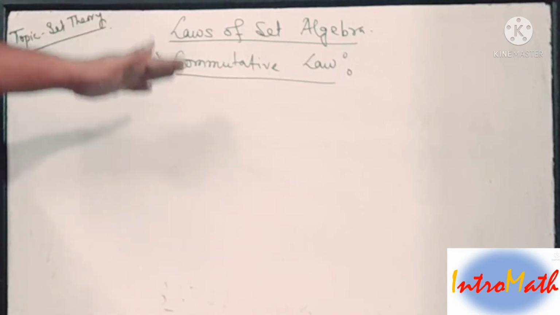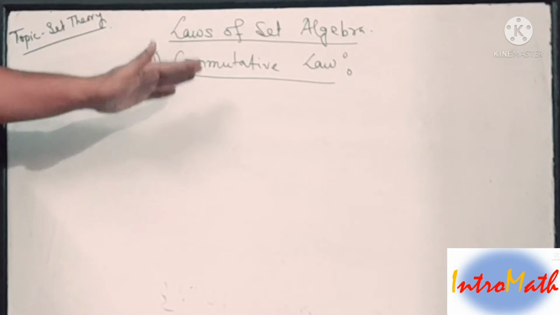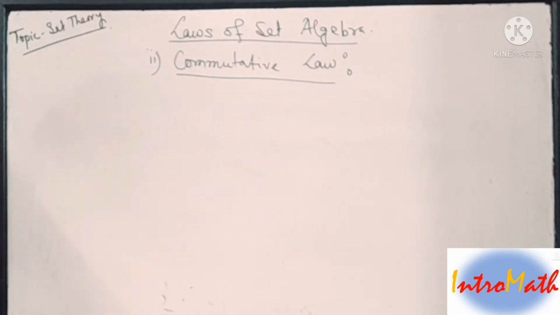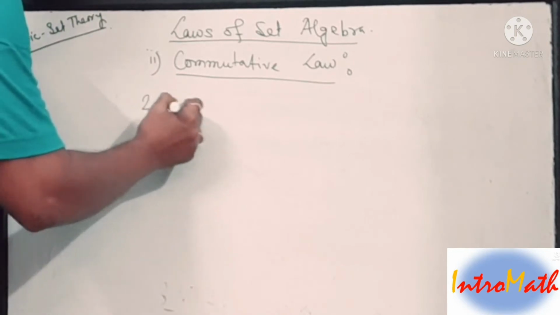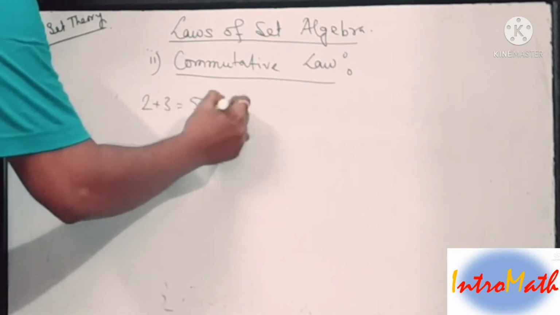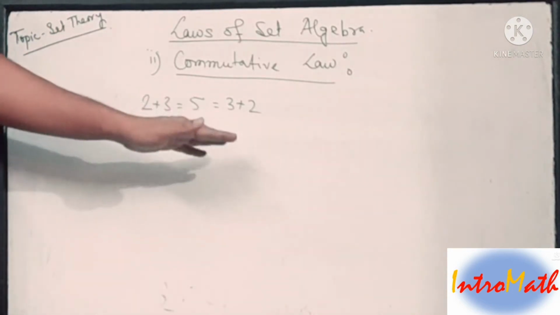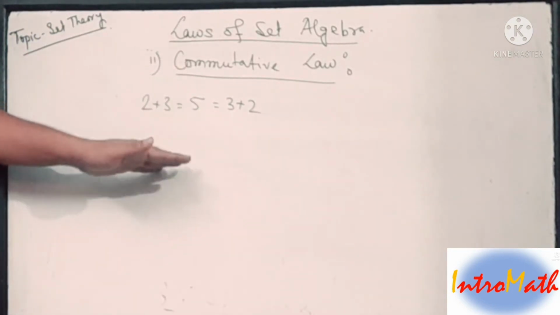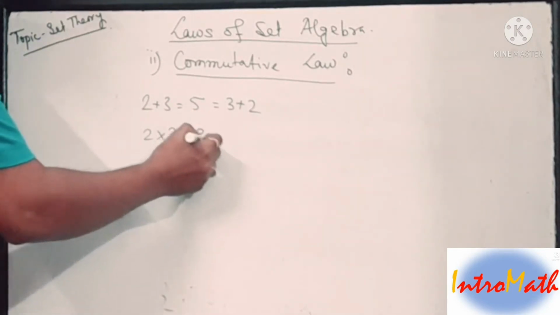In algebra, we use the commutative law very frequently. Which are the commutative laws in algebra? We know that 2 plus 3 is equal to 5. Also, 3 plus 2 is equal to 5. So, 2 plus 3 is equal to 3 plus 2. And also in case of multiplication, 2 into 3 is equal to 3 into 2.